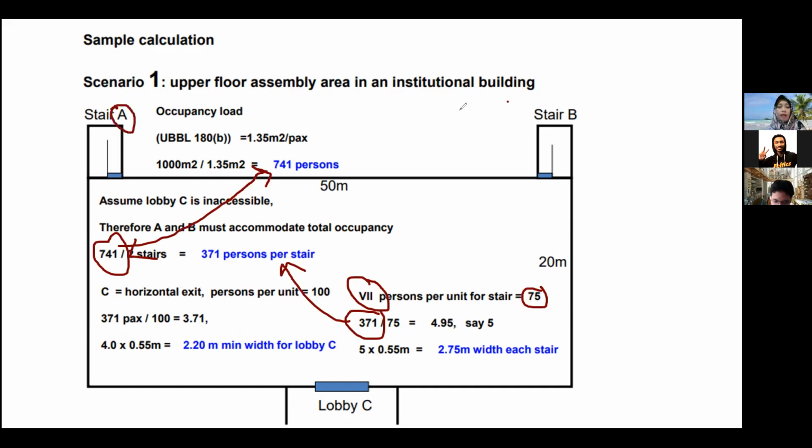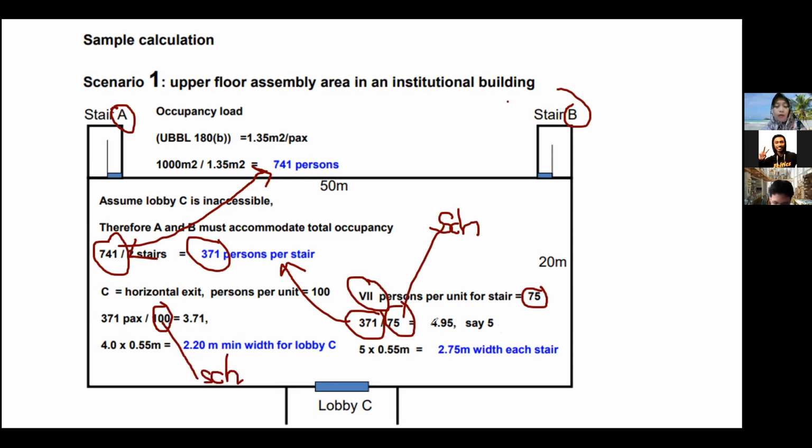Staircase 1, staircase 2. So you get this number 371. This one you have to refer from the schedule. Those who still sleep, please wake up. Number 75, number 100 here, don't ask me. This is from the schedule. Okay.